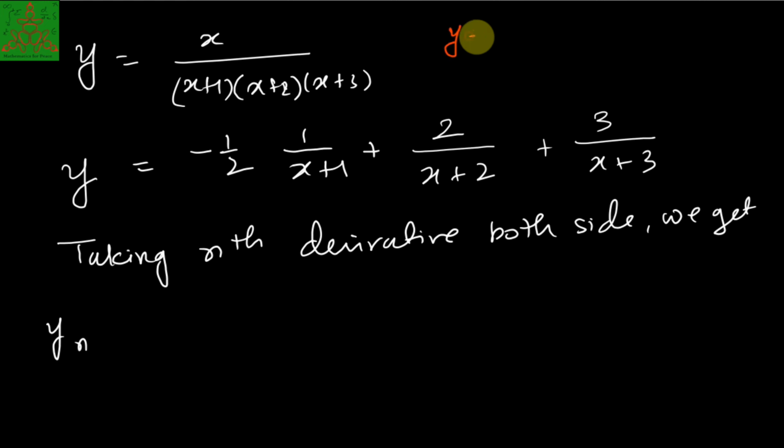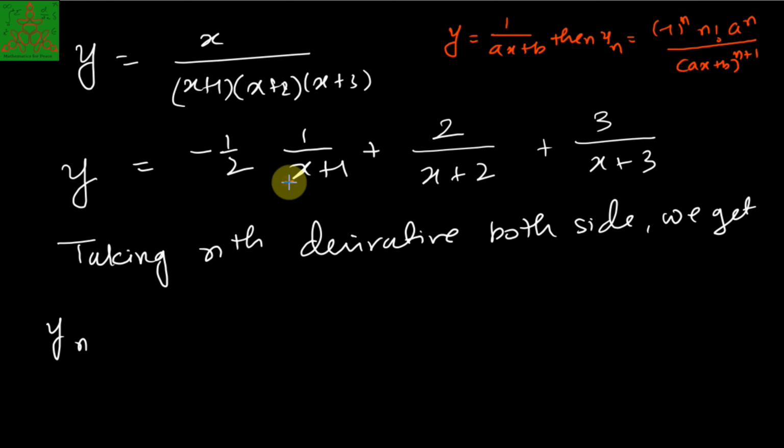That is, if y equals 1 upon ax plus b, then yn is minus 1 raised to n, n factorial, a power n upon ax plus b power n plus 1.